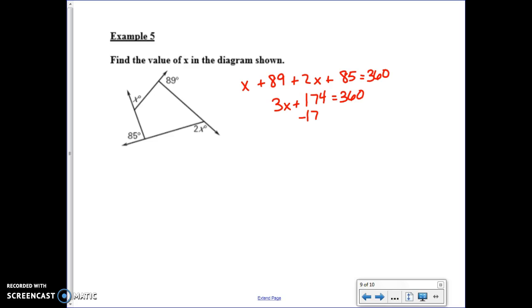I'm going to subtract 174 from both sides, and I get 3x equals, and 360 minus 174 is 186. I'm going to divide by 3 on both sides, and I get x equals 62 degrees. And it says find the value of x. That's all we had to do. We don't need to find that other angle.